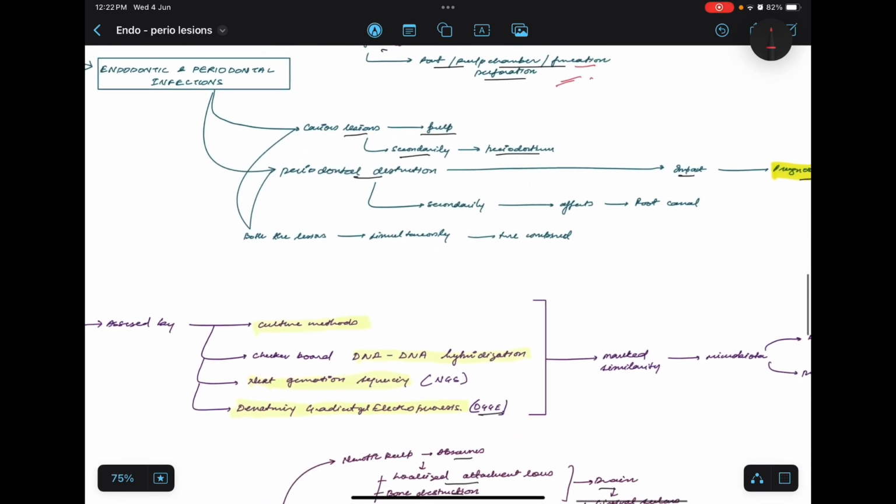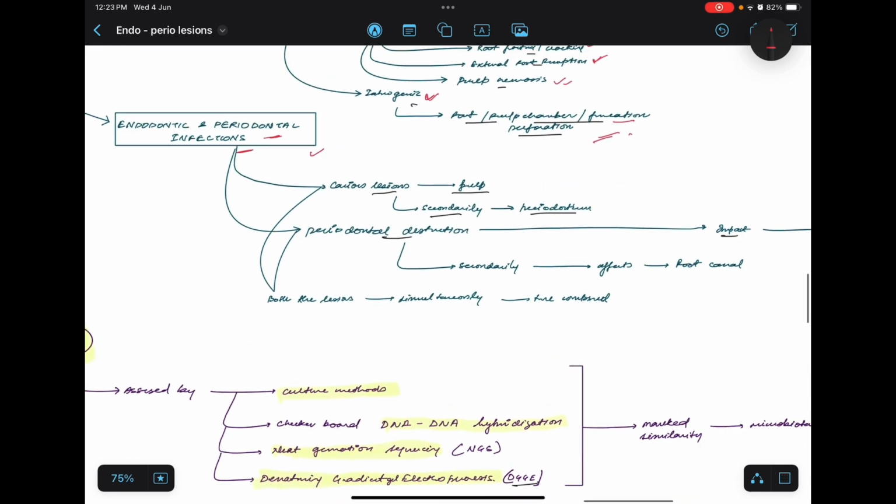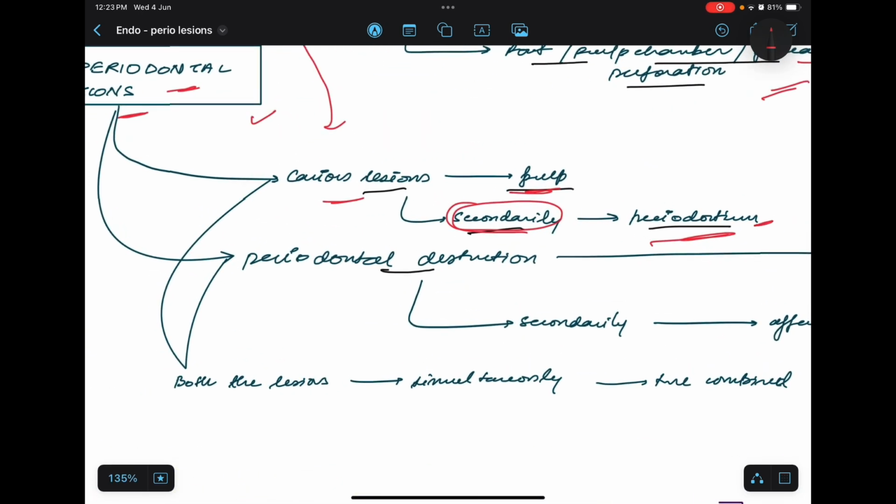Then we have infection, which involves endodontic and periodontal infections. In endodontics, most of the time the tooth is carious. So carious lesions of the pulp secondarily involve the periodontium, as in the periodontium was not involved earlier, but the carious foci, the bacteria spread from the pulp to the periodontium.